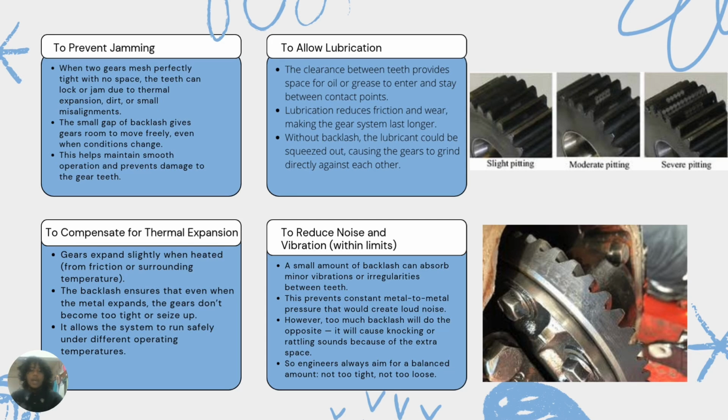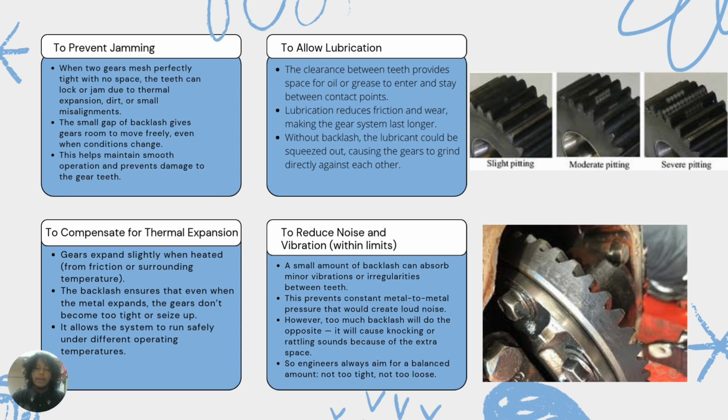Second, backlash allows lubrication to stay between the gear teeth. This thin layer of oil reduces friction and prevents wear. Third, it helps compensate for thermal expansion, because gears expand slightly when they heat up during operation.